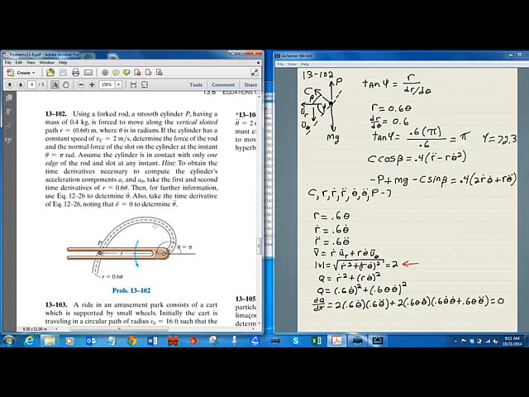I will take the relationships for r and r dot, which are right here and here, and put them in there for r and r dot. That will give me one equation, and the only unknown in there will be theta dot. So I'll be able to solve for theta dot. Alright, so combining those will get me theta dot.